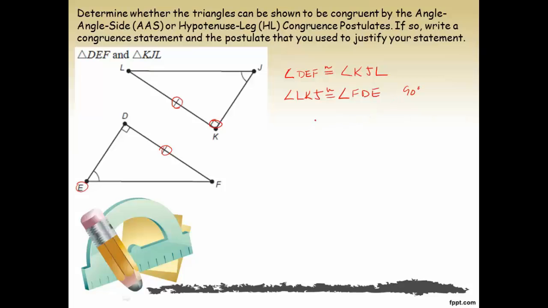So we've got two angles, and we've got segment DF congruent to segment LK, and that's given in the figure. Those are sides, and they're non-included sides, because remember, angle-angle-side says that the side's not included between the two angles. So we can prove this with the angle-angle-side theorem.